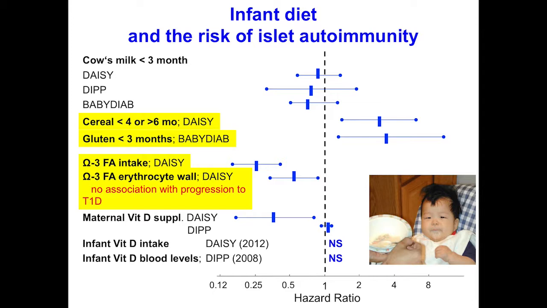Exposure to cereal too early or too late may be a risk factor, and deficiency of omega-3 fatty acids in diet and in circulated blood may be a risk factor for development of islet autoimmunity. This is what we know from prospective studies.